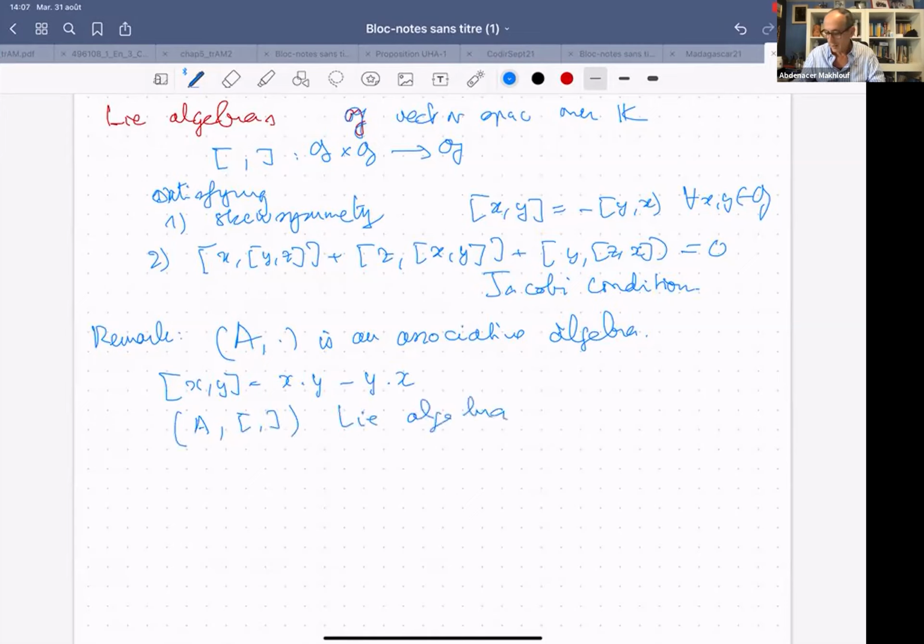Okay, this is a way to construct a lot of Lie algebras.